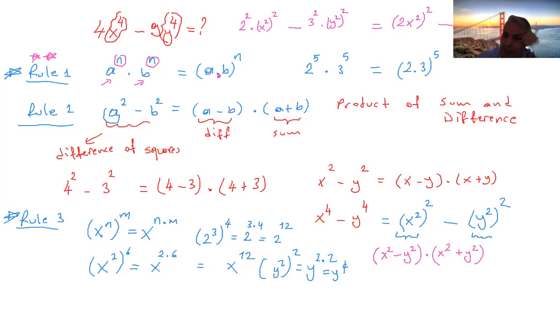So I can write them as a product with a common power. And then it's simple using rule number 2. It says first number to the power of 2 minus second number to the power of 2 is equal to first number minus second number times first number plus second number. So the difference of the two numbers times the sum of the same numbers is equal to the difference of their squares.